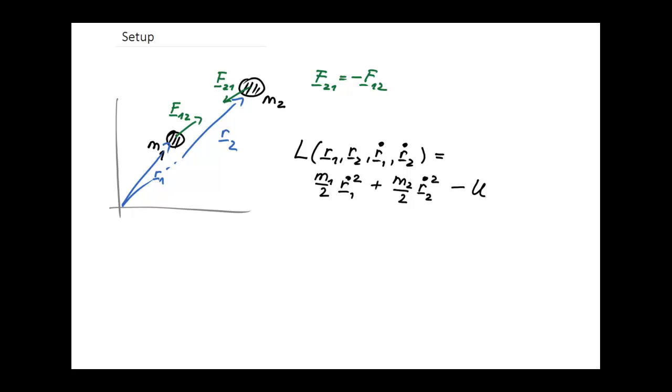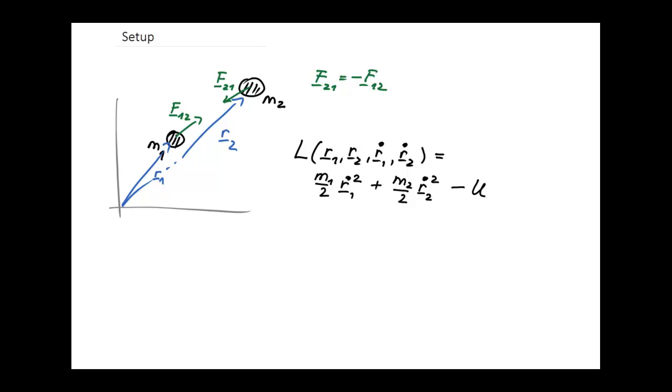And we had seen earlier when we discussed Galilean invariance that if we require Galilean invariance for the system, then the forces and hence also the potential may depend on the distance between the two bodies only.